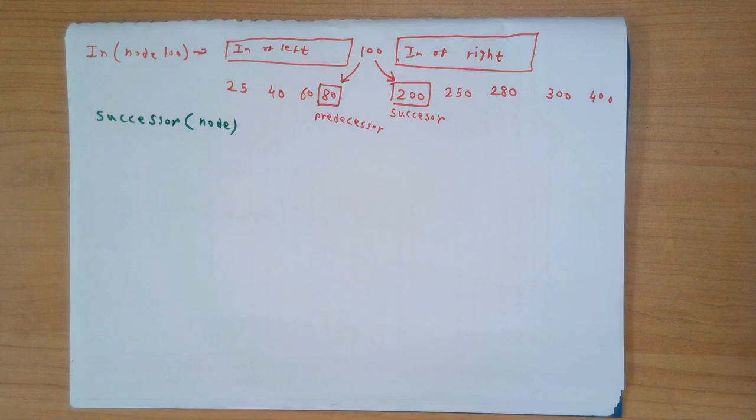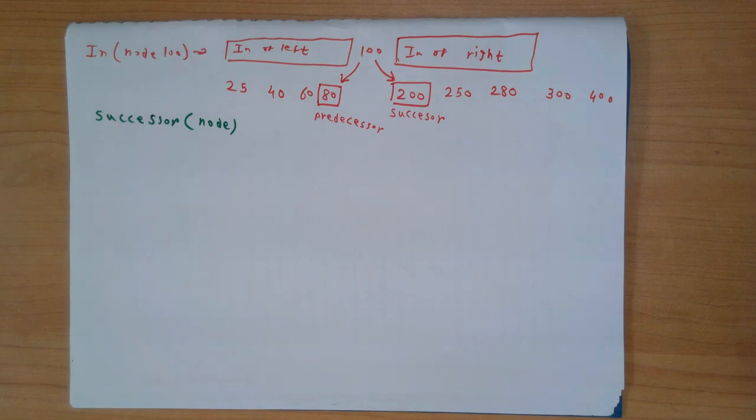Again, remember, we are not passing a value, but we are given the address of a node, and we are searching for the successor given the address of this particular node.